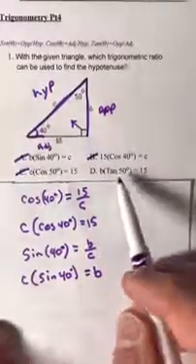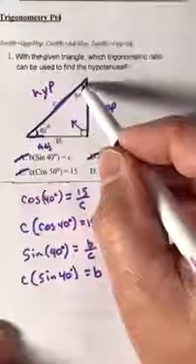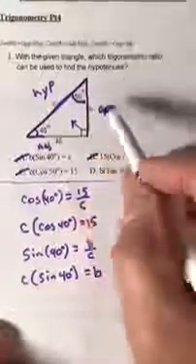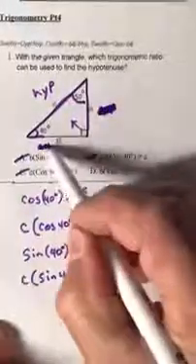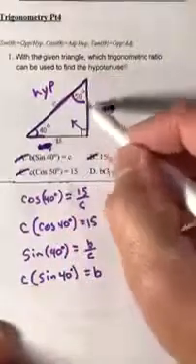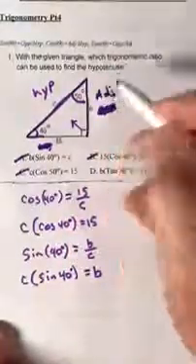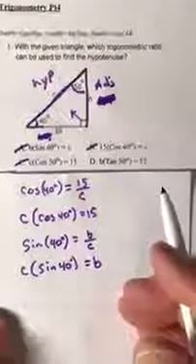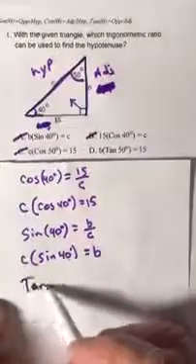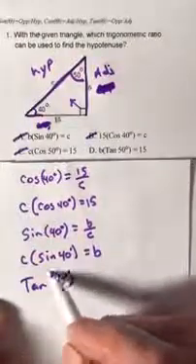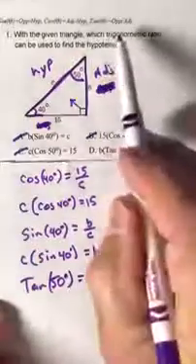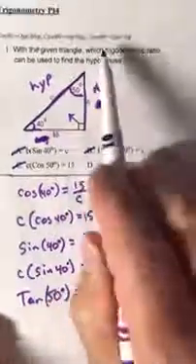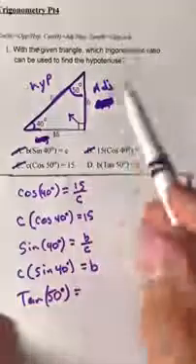Let's test it. So tangent 50 from this angle here, okay, the sides changed, because this is your hypotenuse, this is the adjacent. Okay, so tangent 50 degrees is going to equal, remember, opposite divided by adjacent. So I've got to come over here.